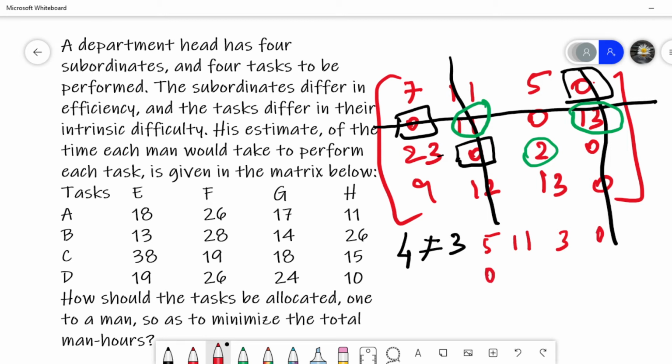Then 0. Then it is the intersection point. 11 plus 2 is 13. Next 0. Next 13 plus 2 is 15. Next 23 remains the same. Next 0. No. So it is 21.